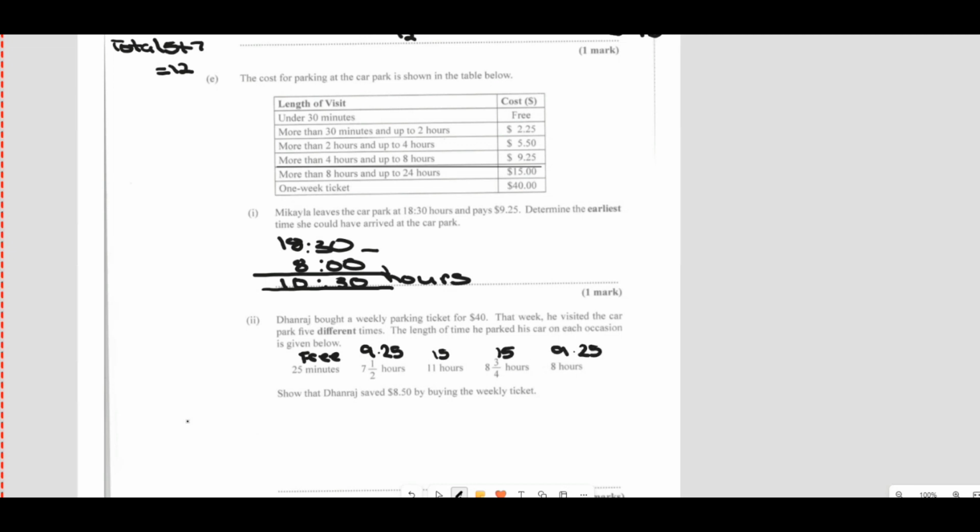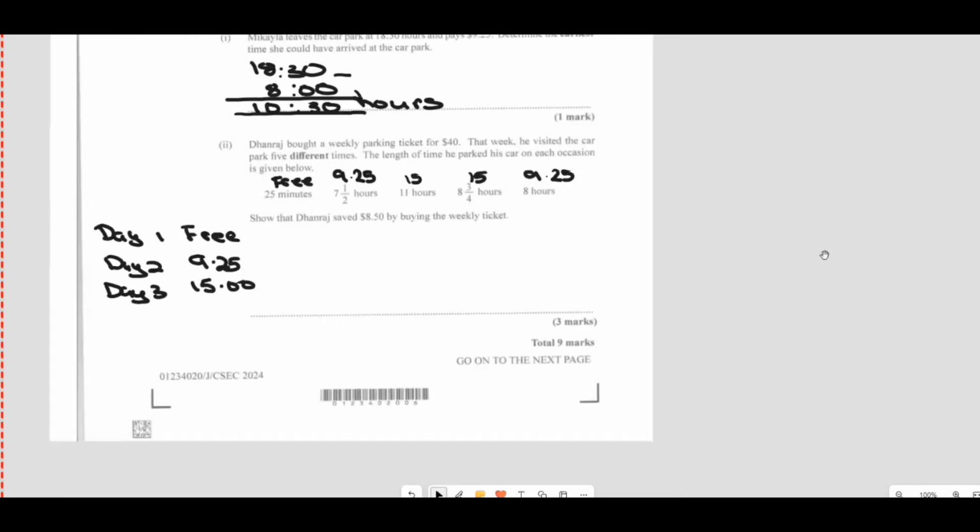Right? So if he did not buy his weekly ticket and he had to pay for each day, day 1 was free. Day 2 is $9.25. Day 3 is $15. All right, let me just go down so I have space.